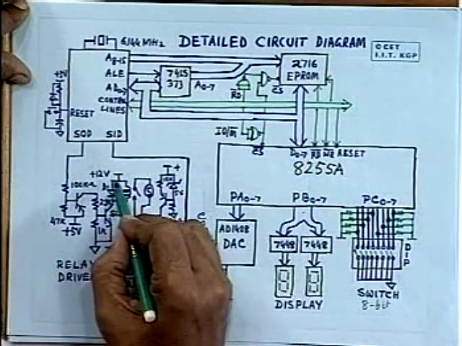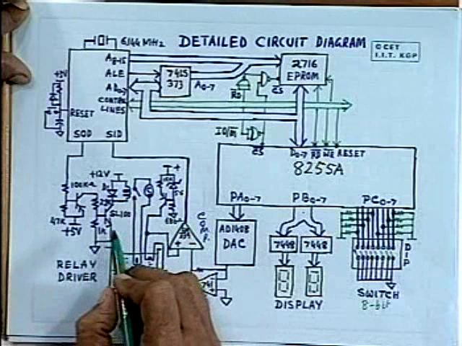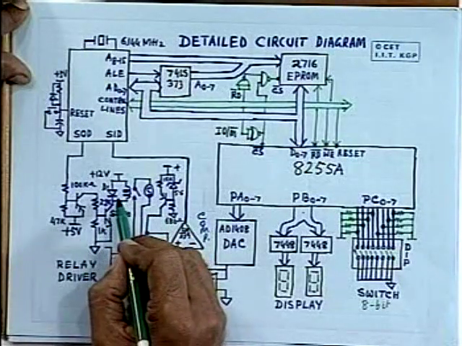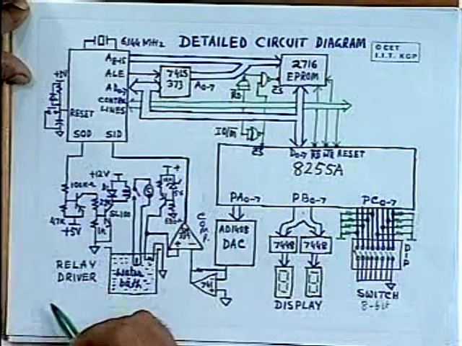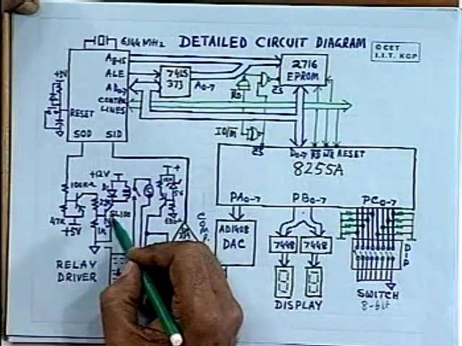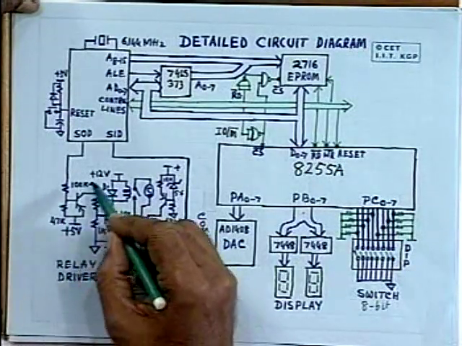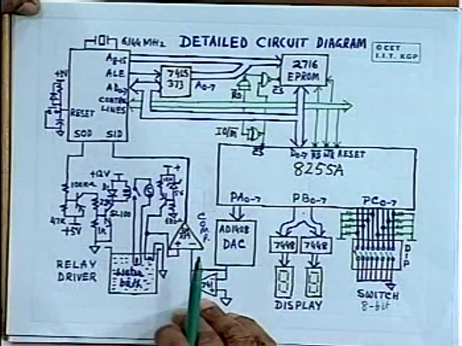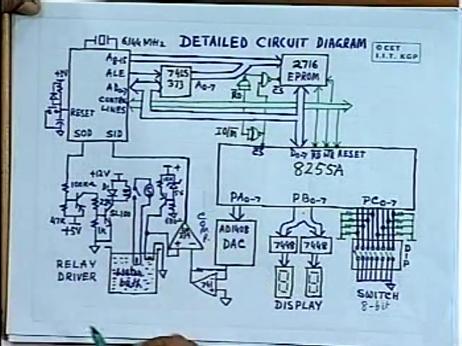Because the relay requires high voltage and high current, the voltage requirement is 12 volt and the current requirement is about 100 milliampere or so, which cannot be driven by the SOD line. So we have used two transistors to drive the relay, and this is the circuit for that. So this is the relay driver, this is the relay, and here is the heater.